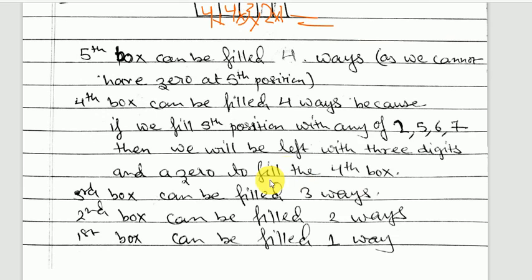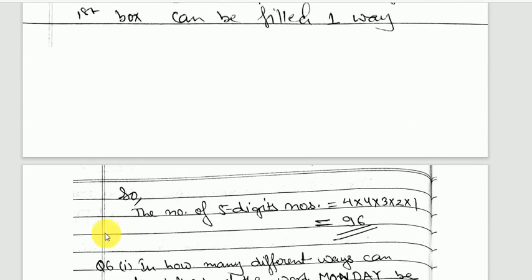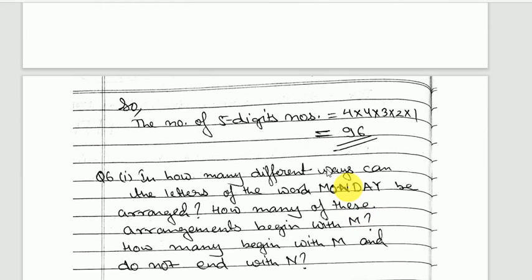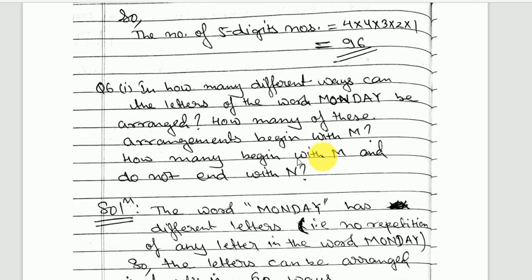That's why we will be left with 4 ways. The third box can be filled 3 ways, the second box 2 ways, and the first box 1 way. So the number of 5-digit numbers is 4 into 4 into 3 into 2 into 1, that is 96 numbers you can get.